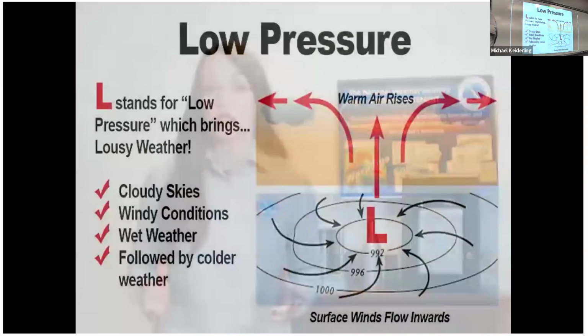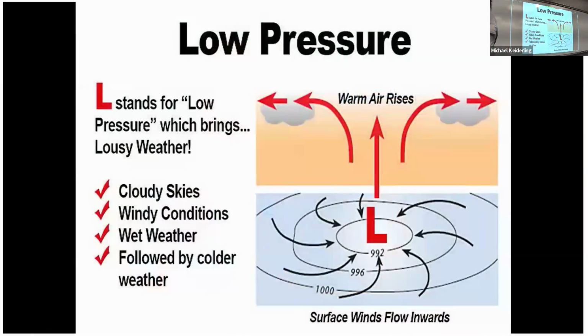Hi everyone, I'm Marissa from the National Weather Service in El Paso, Texas. Today on Weather Basics, I want to talk about high and low pressure. Air pressure can tell us what kind of weather to expect. A sudden drop in air pressure usually brings stormy weather. We call this drop in pressure low pressure. Low pressure is usually represented by a red L on weather maps.